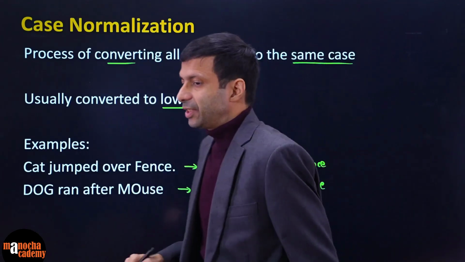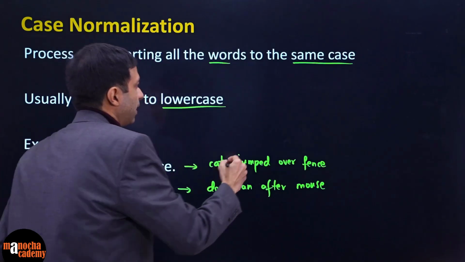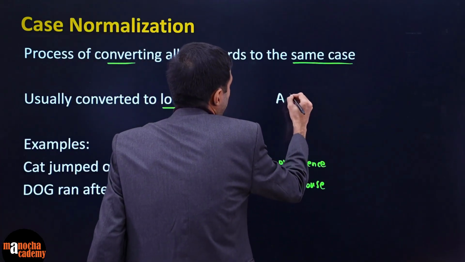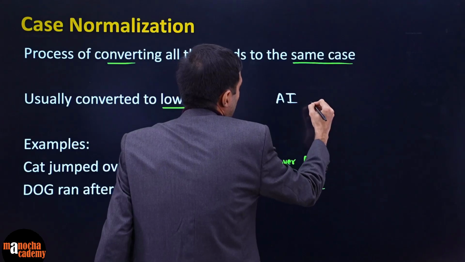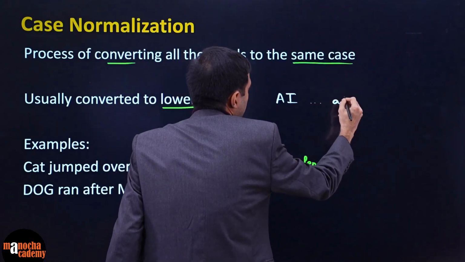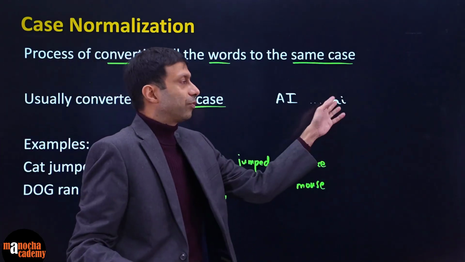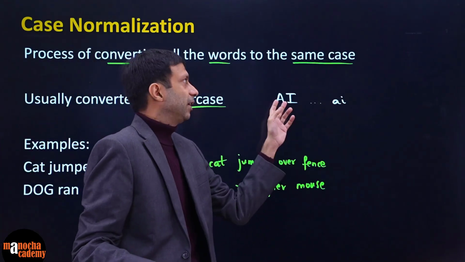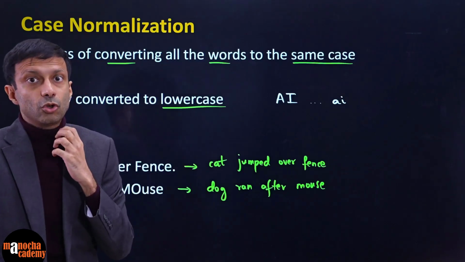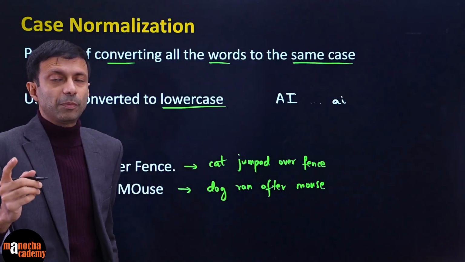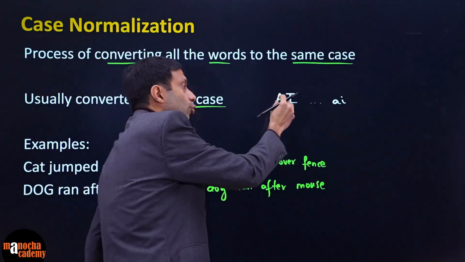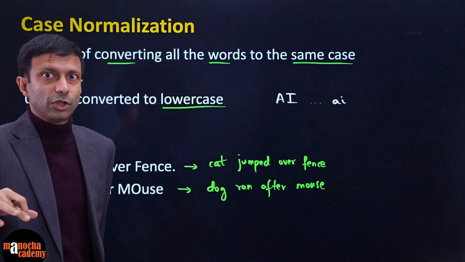See, because let's say in the beginning, the sentence had the word capital AI and it had some small ai also. Maybe then, let's say English had a word of A, the small ai also has some meaning, capital AI has some meaning. So there, the capitalization may be important. So there maybe we want to normalize this into artificial intelligence.